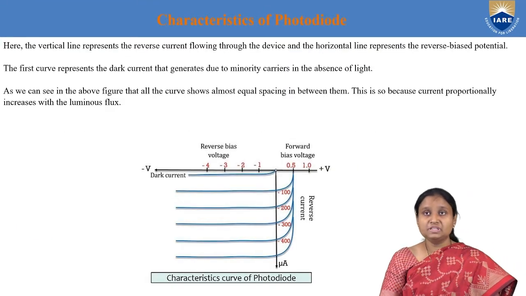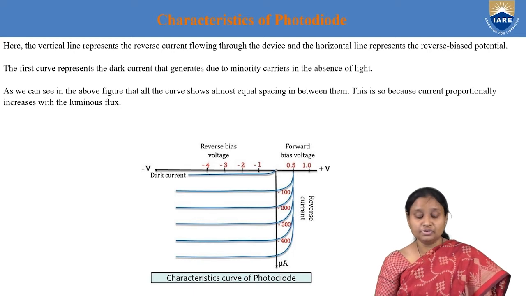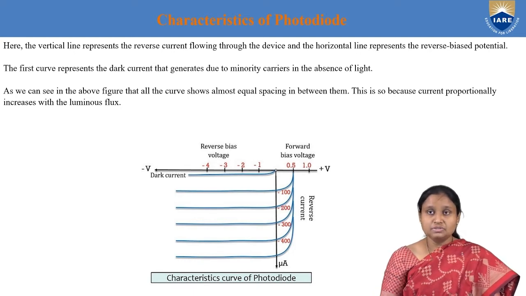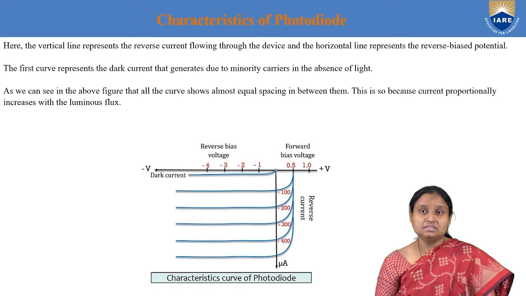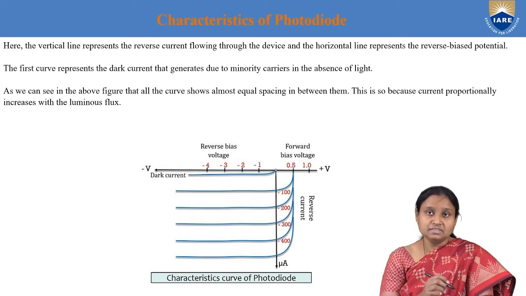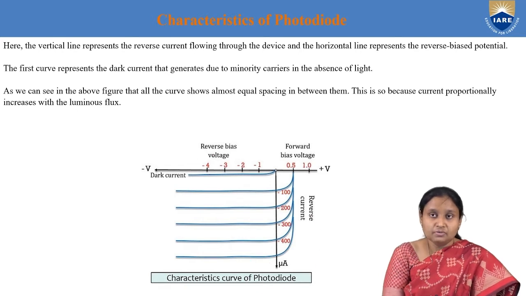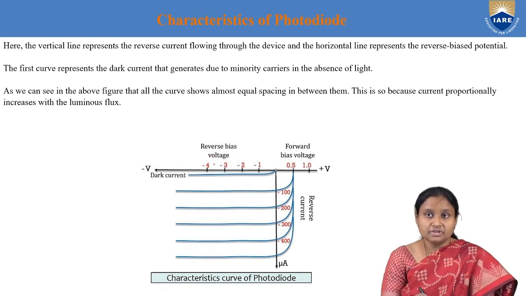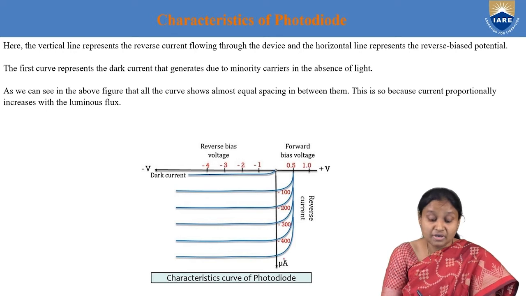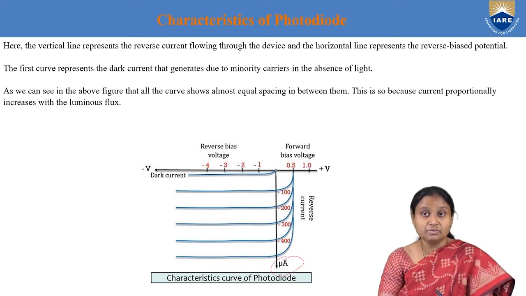As you can see from this characteristic curve of the photodiode, this is going to clearly explain this characteristic. In this figure, we have the reverse bias voltage versus the reverse bias current. We know that the reverse bias voltage is negative, and this current is measured in microamps.